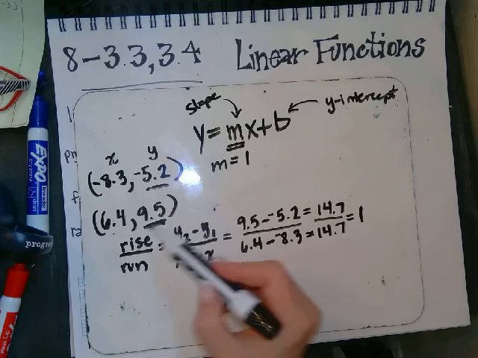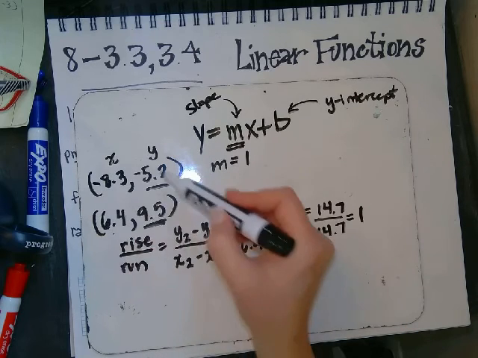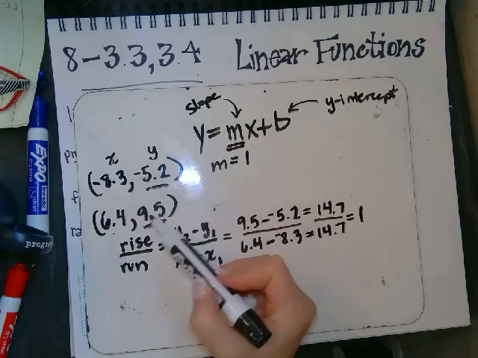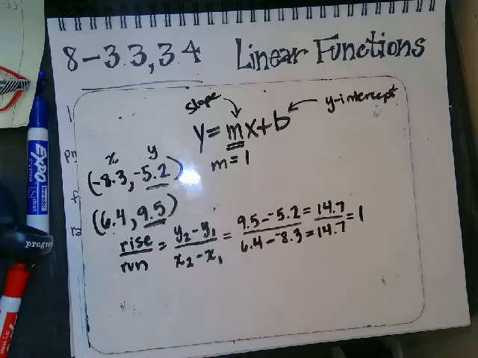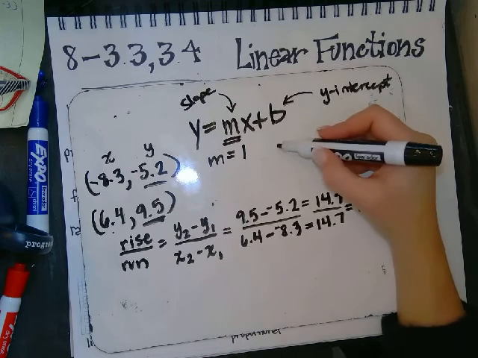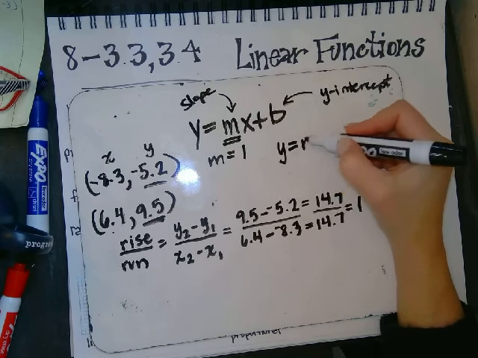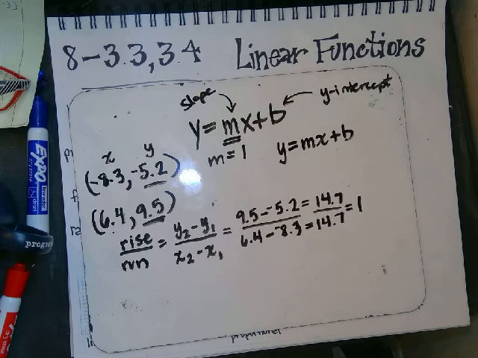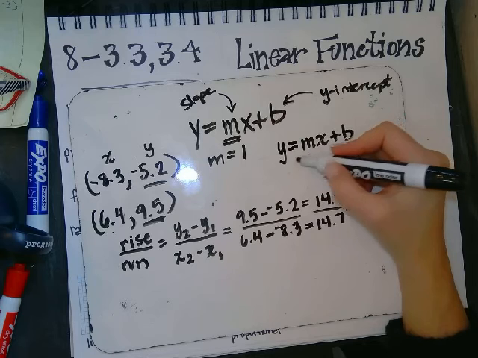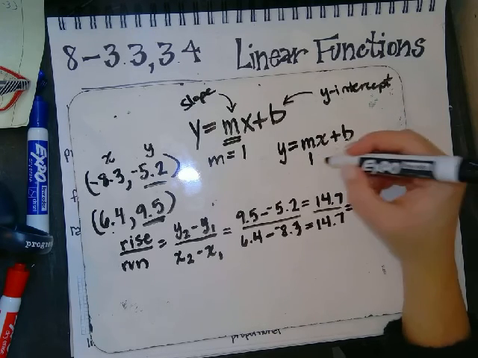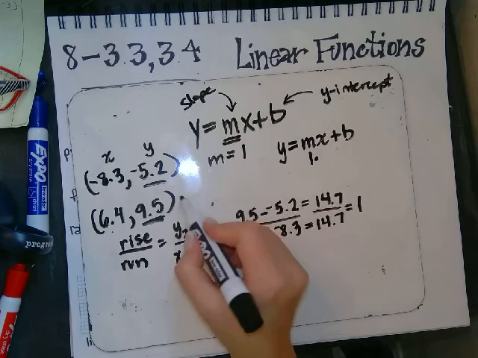Now to figure out what my y-intercept is, what I'm going to do is use one of these points. Remember, this is the coordinate pair for one point, or I'm going to use this one. I think I'm going to use this one just because I want to avoid the negatives, but you could use either one. And so what I'm going to do is write the equation y equals mx plus b, but I'm going to put in information that I already know. So I know my m is 1, so I'm going to put a 1 in for m.